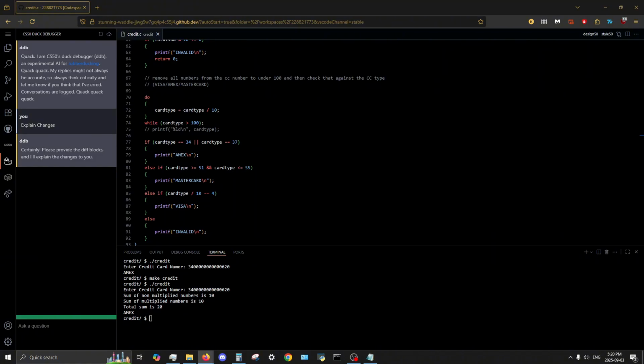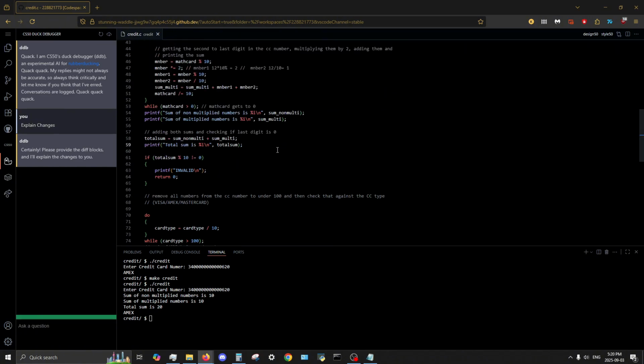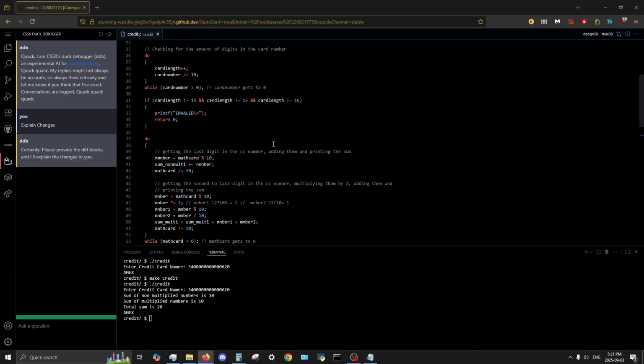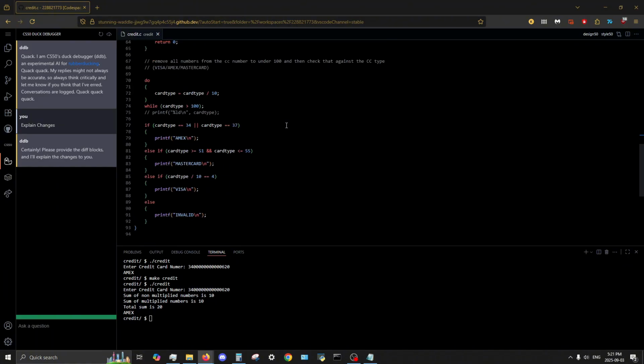How do I... Do I bring this back to here if card length? Do I have to input card length in it?